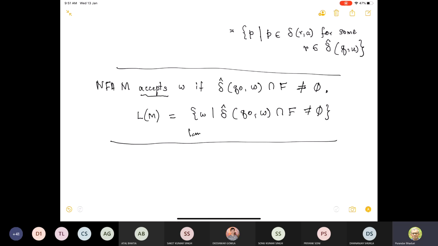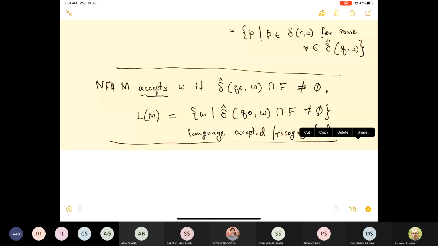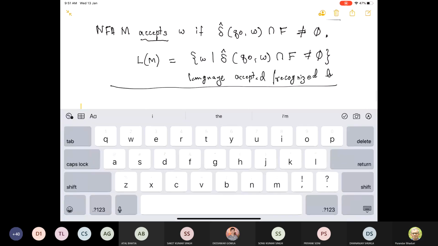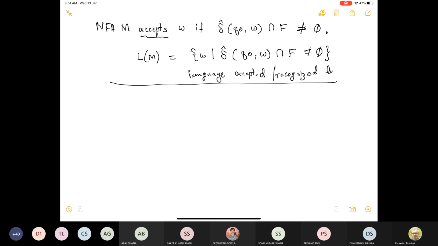This is the language accepted or recognized by NFA M. Any doubts about this?